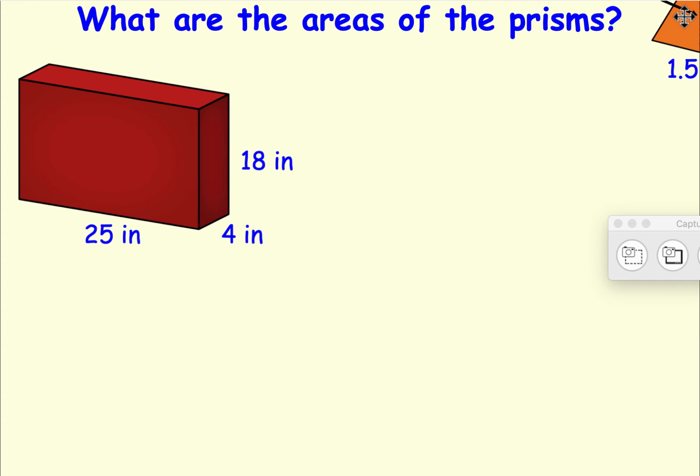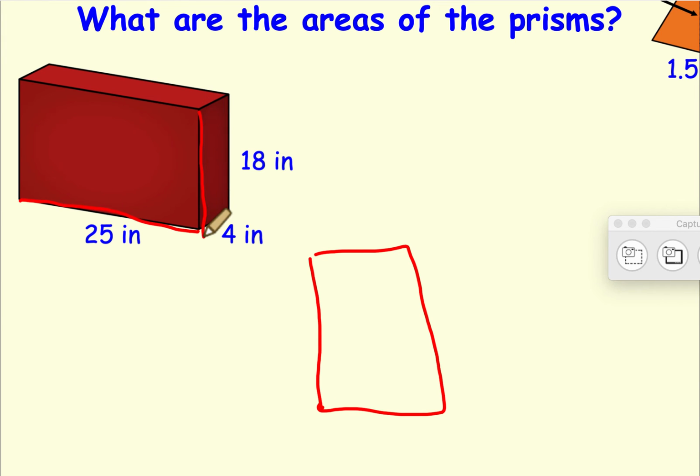In a rectangular prism, you're usually going to see 3 of the rectangles, but there are actually always going to be 6. And the 3 that you see are always going to have 1 matching. So I have this really big one, and I see that it is 25 by 18.